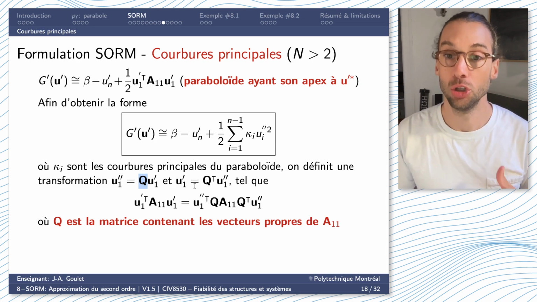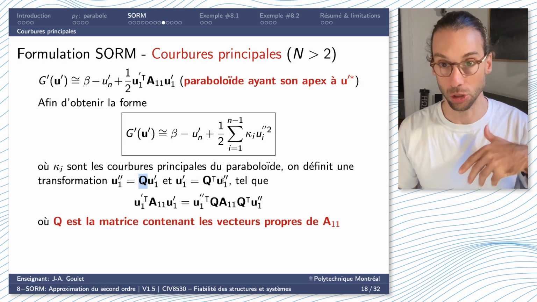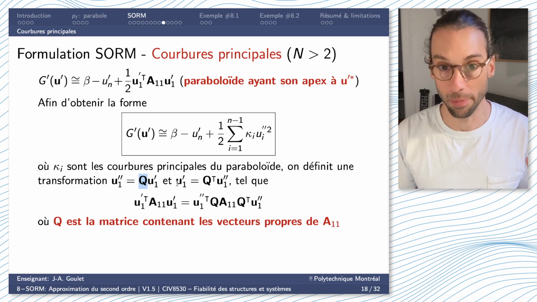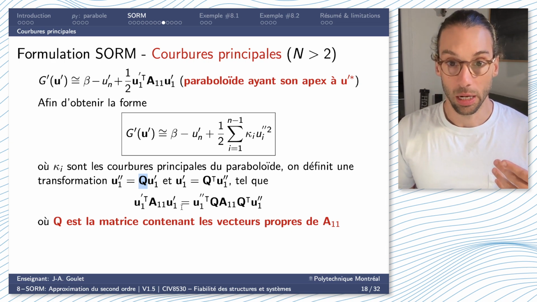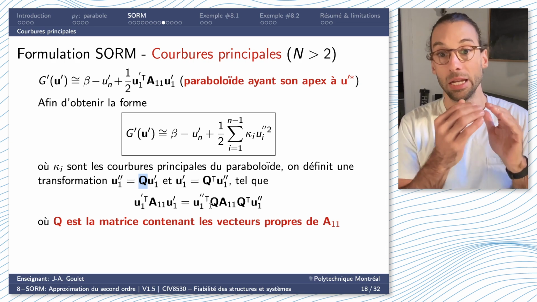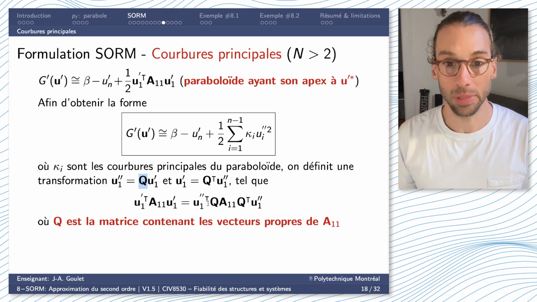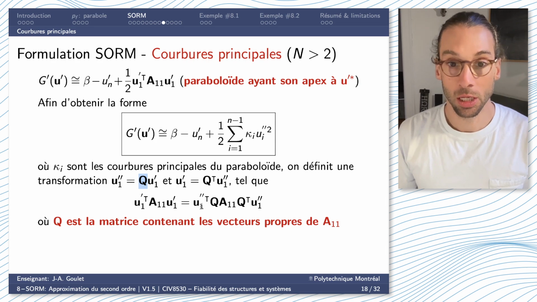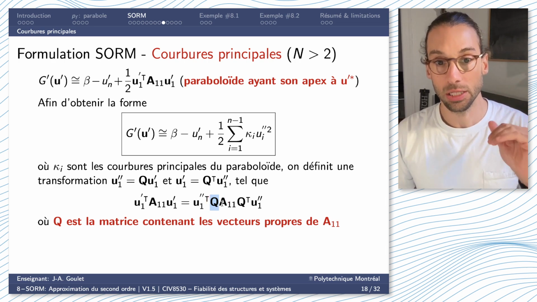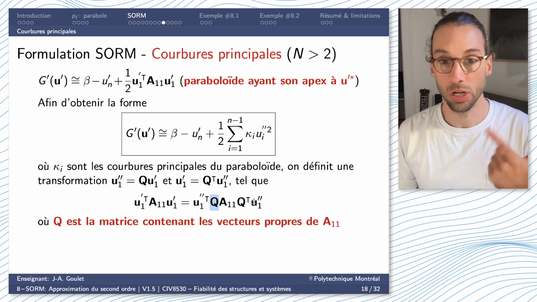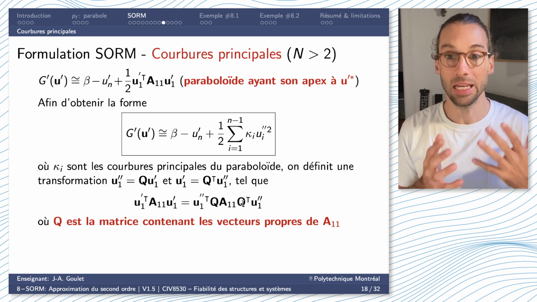And we can again do the reverse of that transformation: multiplying Q transpose by U prime prime is going to give me U prime. So that second transformation to go from the rotated or transformed space to the one where all my dimensions are decoupled is going to be obtained by multiplying U prime prime times Q, that decoupling matrix, times my A11 matrix, Q transpose U prime prime, where Q is going to be the eigenvalue decomposition.